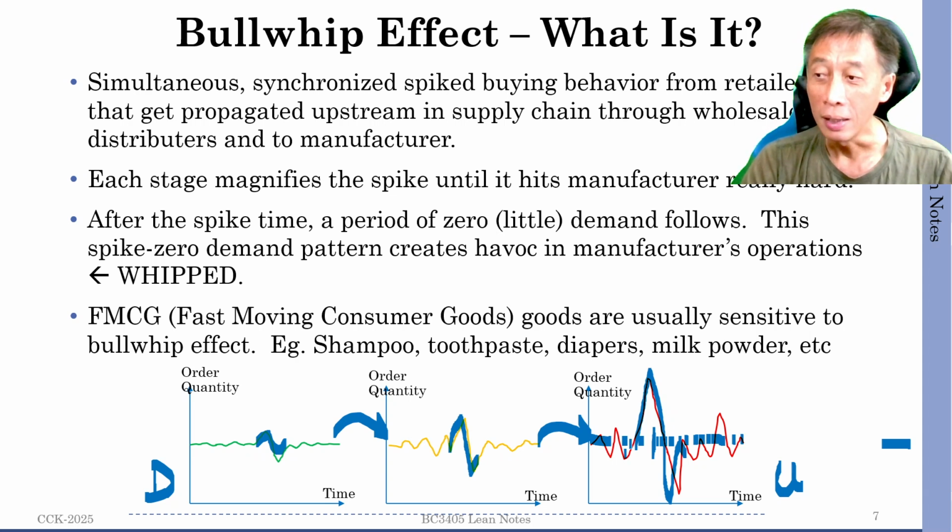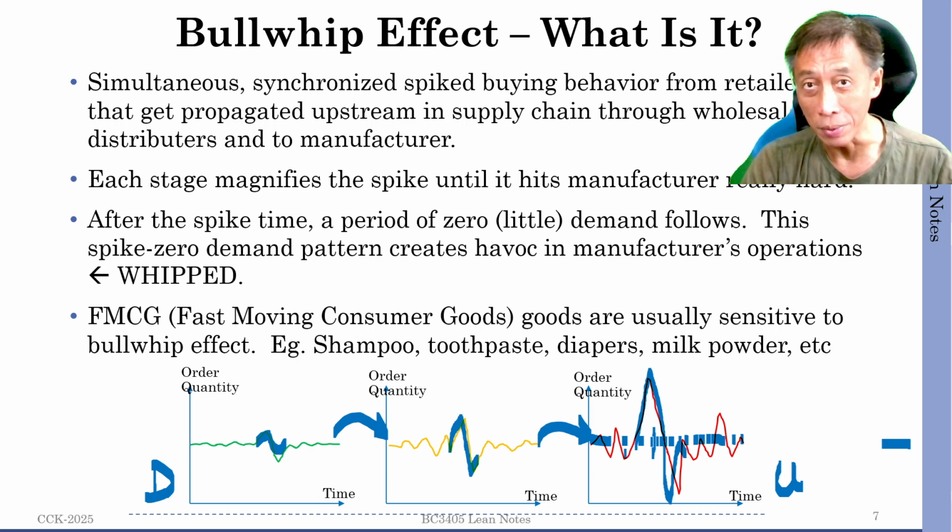But then if you have fluctuations, you should be having plus minus, let's say 10%, 15%.